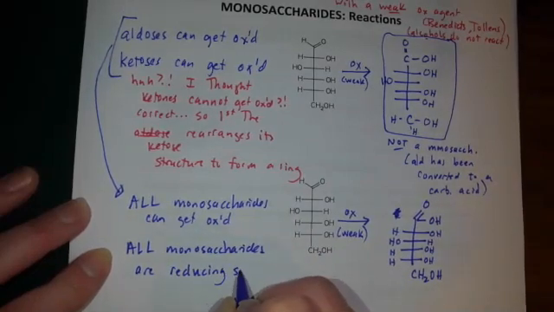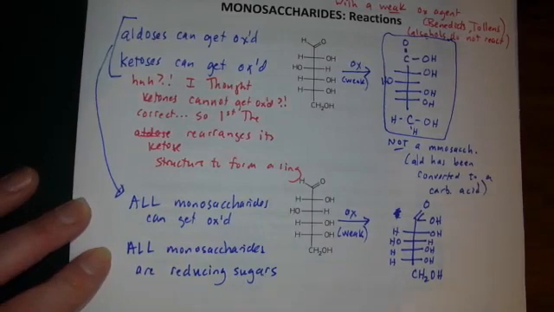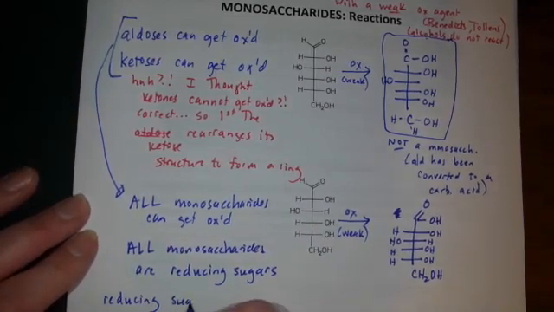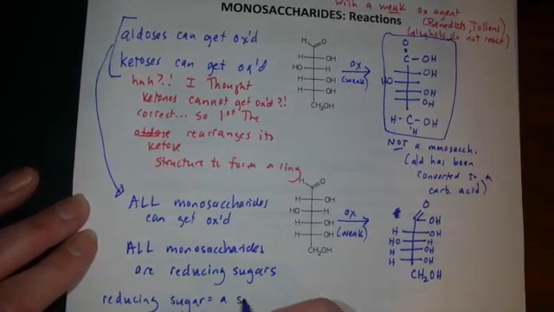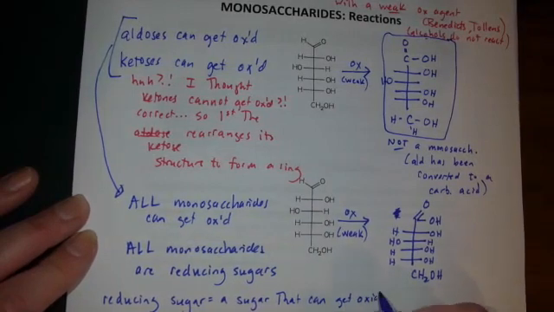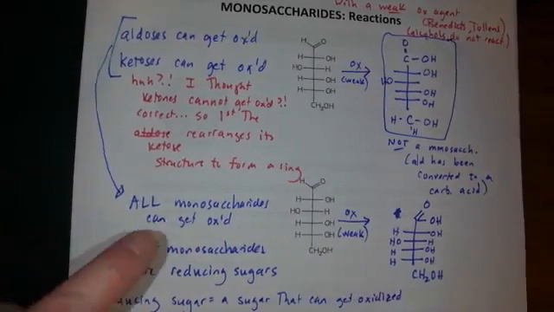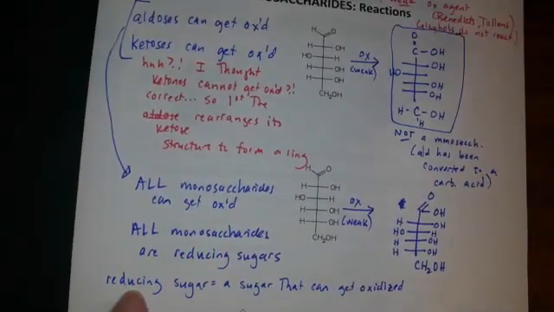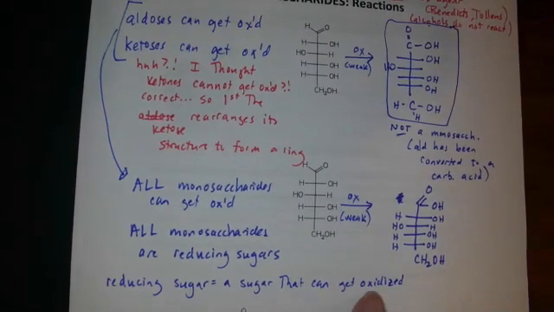That's a term that biochemists use and we will be using. A reducing sugar is just defined this way: a sugar that can get oxidized. Since monosaccharides can get oxidized, monosaccharides are reducing sugars, because a reducing sugar is a sugar that can get oxidized.